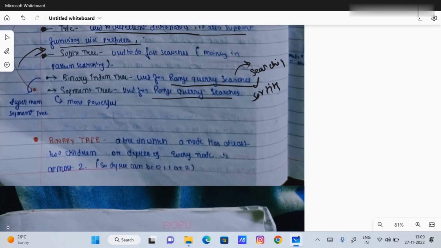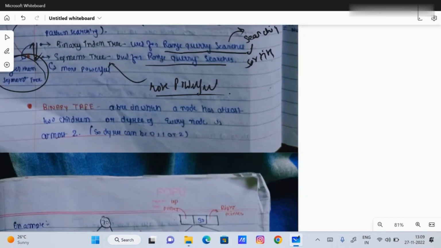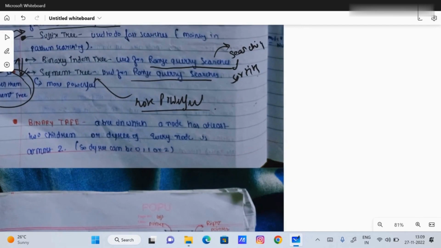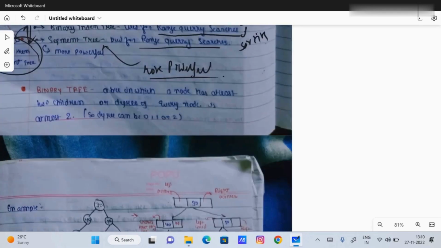But if we compare both, the segment tree is more powerful than the binary index tree because it is faster. We'll see the algorithm for both. Hence we can consider the segment tree as faster than the binary index tree, and they are used for range query searches.